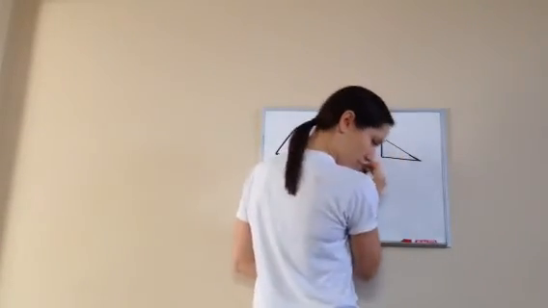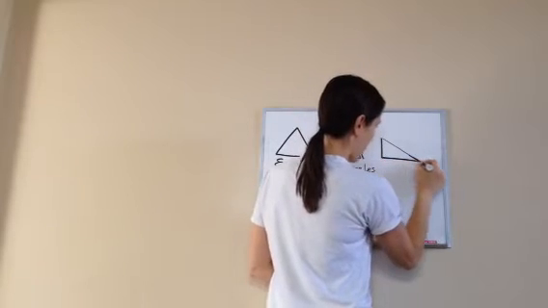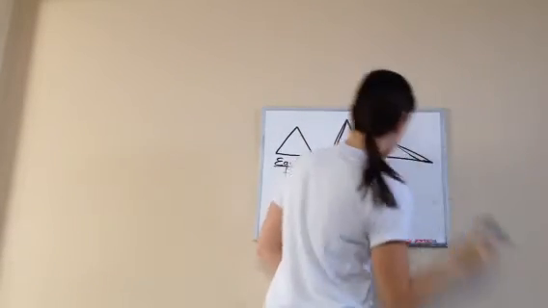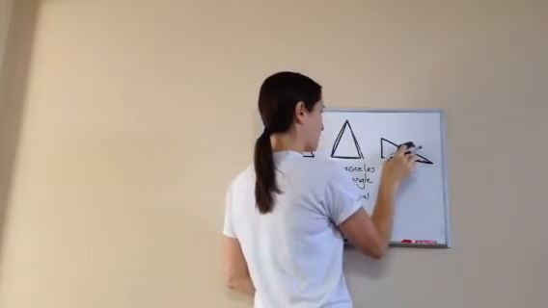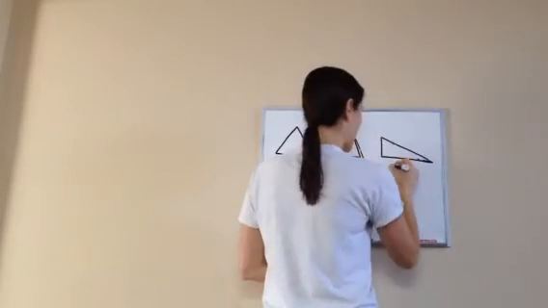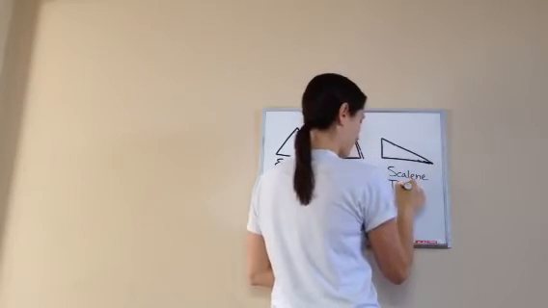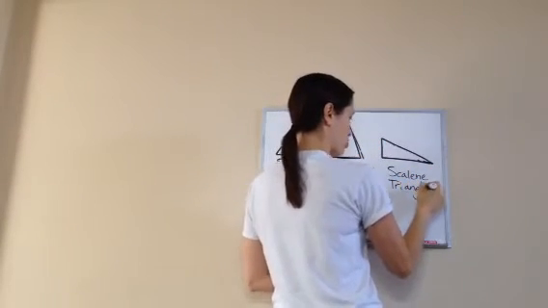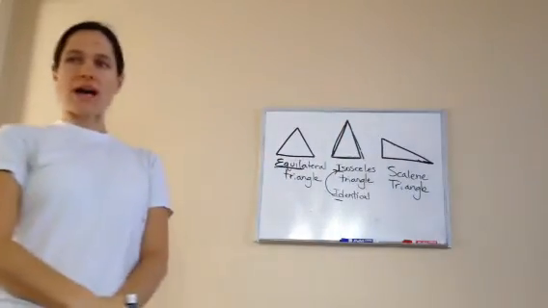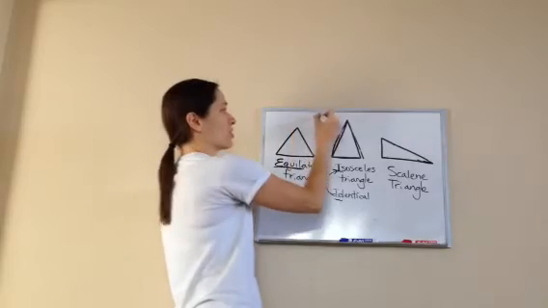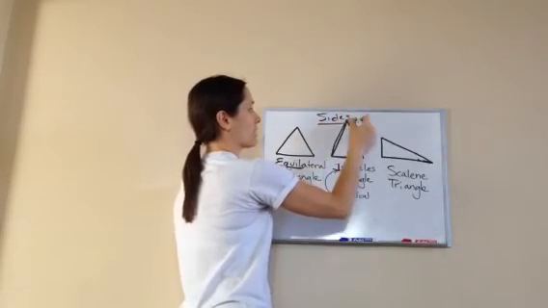Let me see if I can get that one. This one is called a scalene triangle. Write that down. And I'm going to show you why this one is different. These ones all have to do with the sides. Did I tell you that in the beginning?